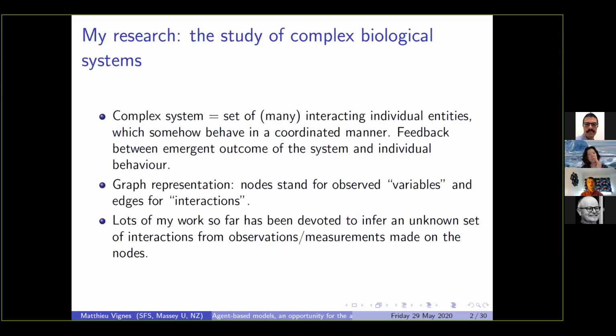So what I do usually, my overall research theme is the study of complex biological systems. And by complex system, I mean a set of many interacting entities, so biological entities, that somehow show a common behavior.